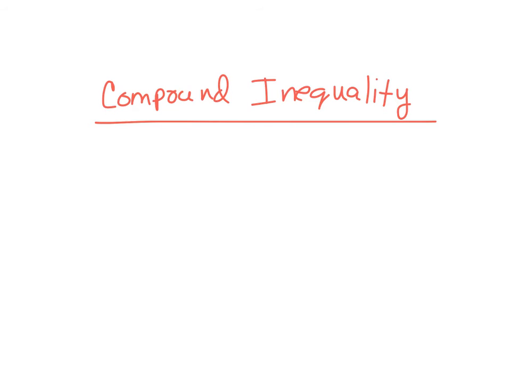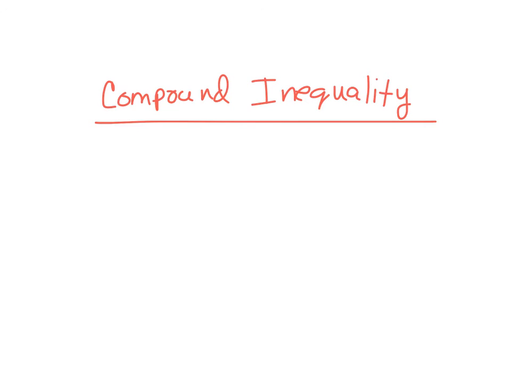In English, what's a compound sentence? Bill went to the store and Bill bought a Snickers bar. What's a compound sentence? 2 parts. 2 sentences stuck together with and or but or however or something like that, right? That's compound. Okay. In math, it's the same thing.